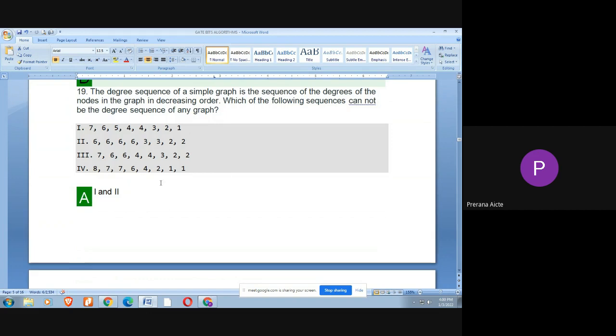So option 4 is not true. And in the second option, we have 4 vertices whose degree is 6, 2 vertices with degree 3 and 2 vertices with degree 2. So that is also not a possible degree sequence.